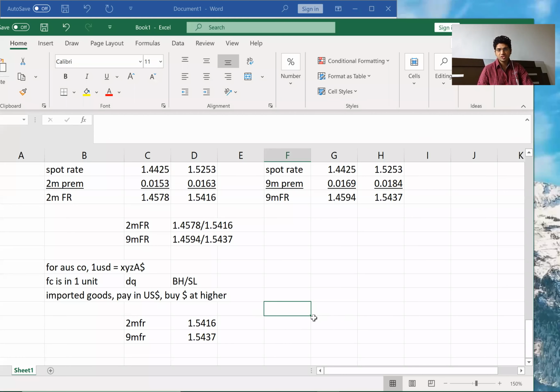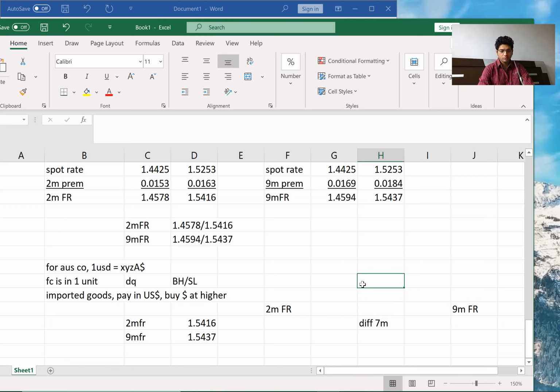I'll again start up a timeline. 2-month forward rate, 9-month forward rate. The difference will be 7 months, and I want a 6-month forward rate.